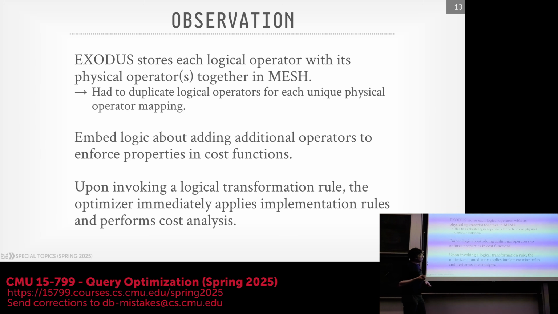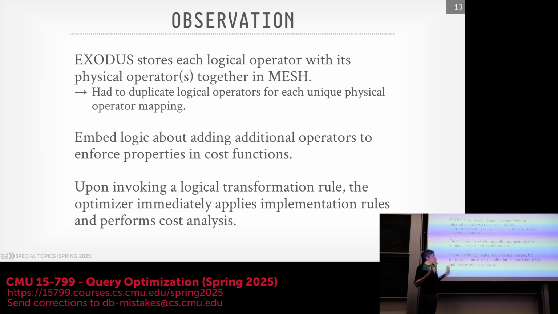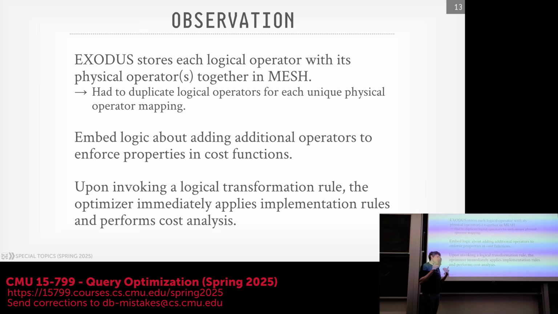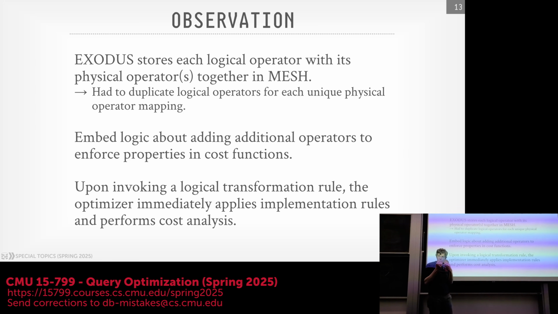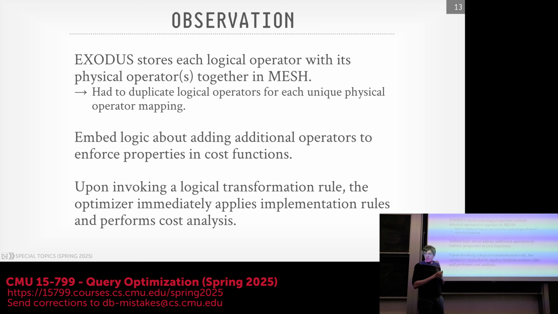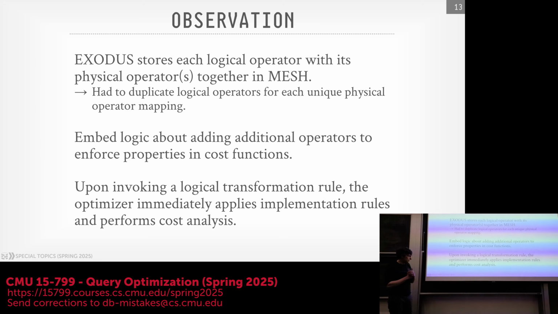All of the additional logic you're going to have when you add operators that require certain properties has to be put into the cost function. So you could have this notion that an operator expects the data to be coming in a certain way, but if you want to push the query plan to make sure those things get satisfied or enforced, then that logic has to exist in the cost model itself.